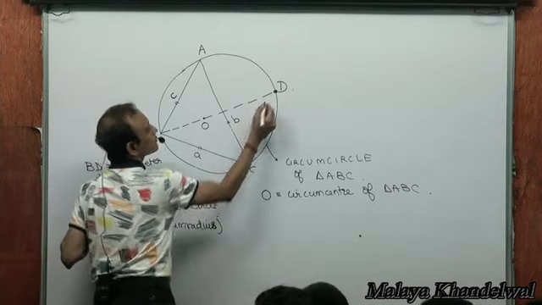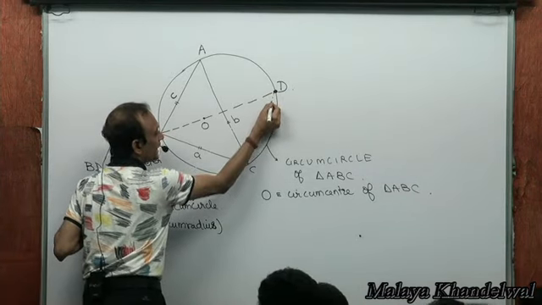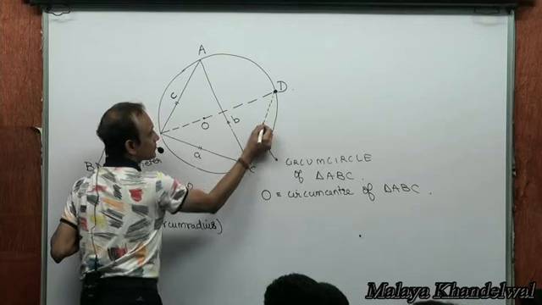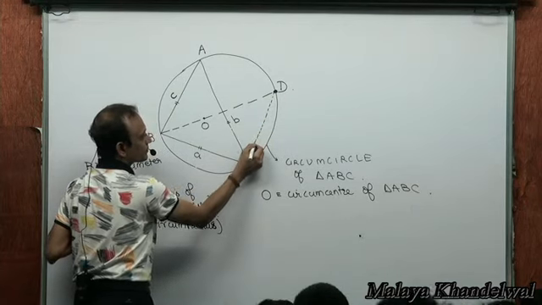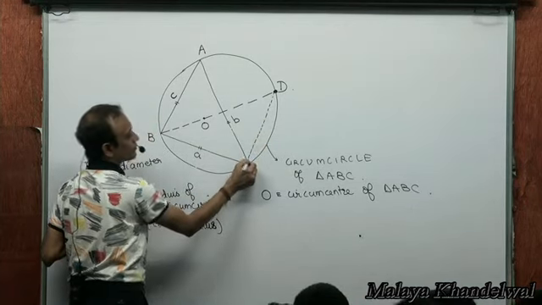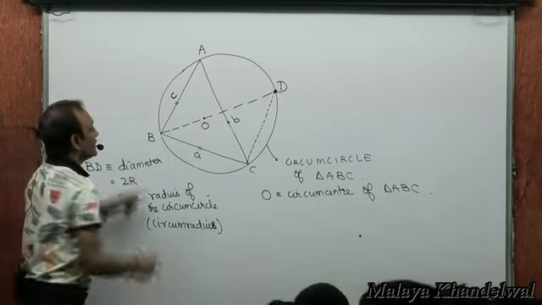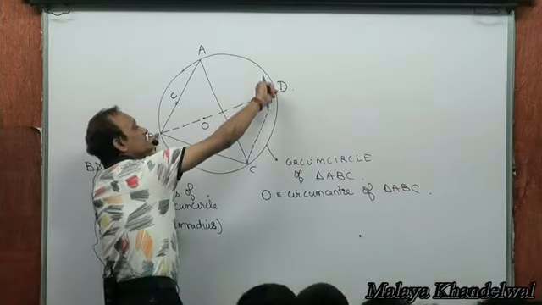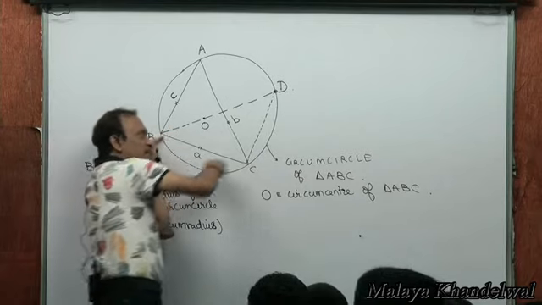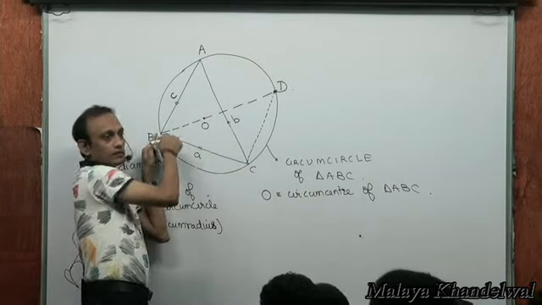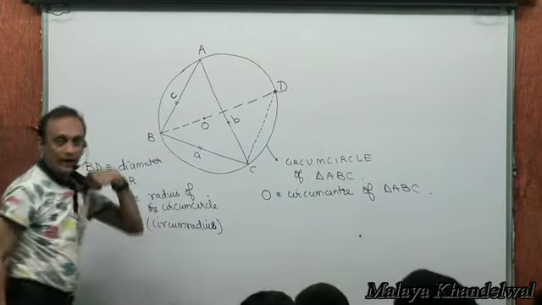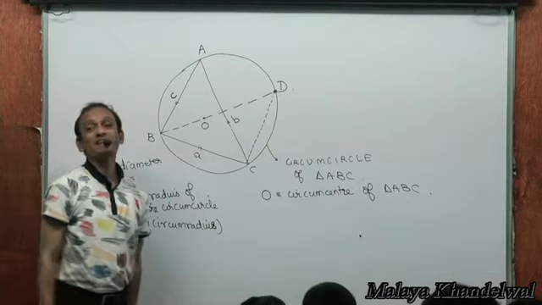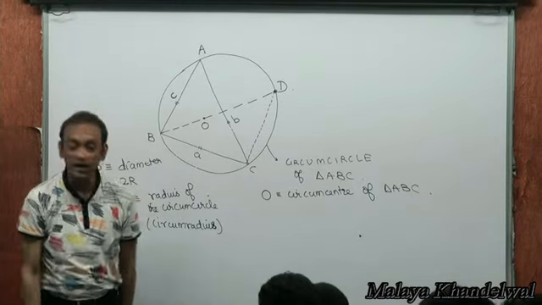Now, let me join D and C. Then this is a semicircle, yes or no? This BCD, this arc, is a semicircle because this is the diameter, right? And what's the angle in a semicircle? A right angle.